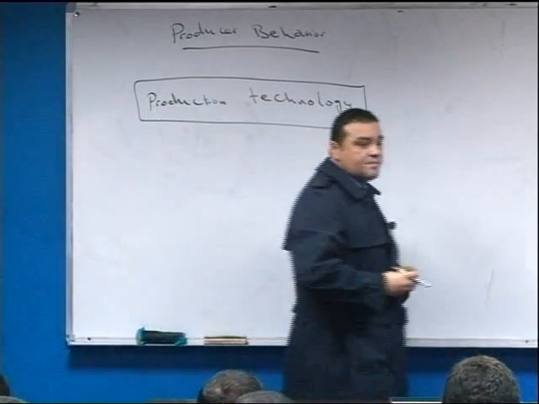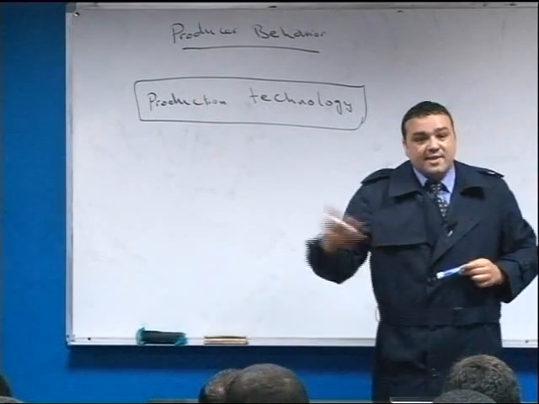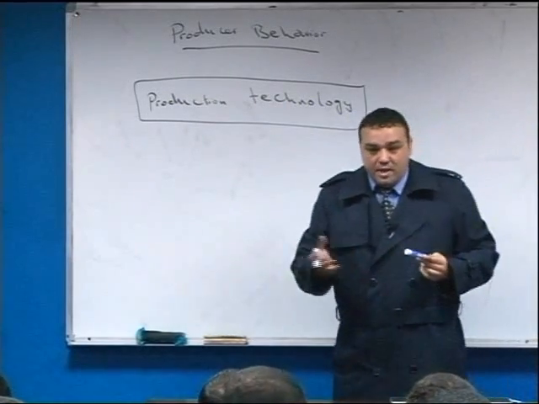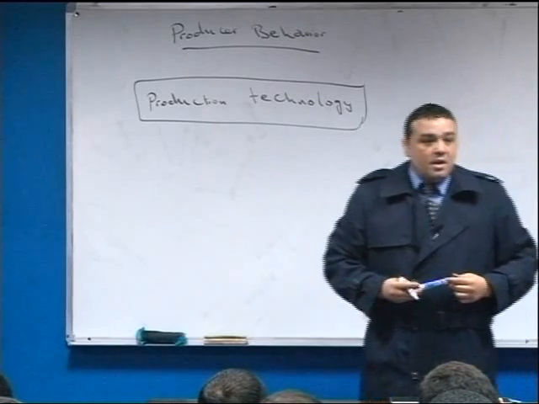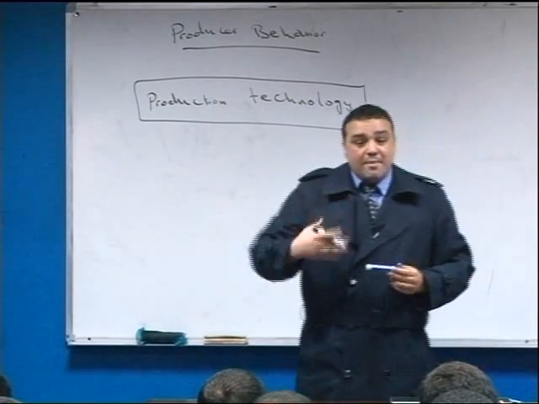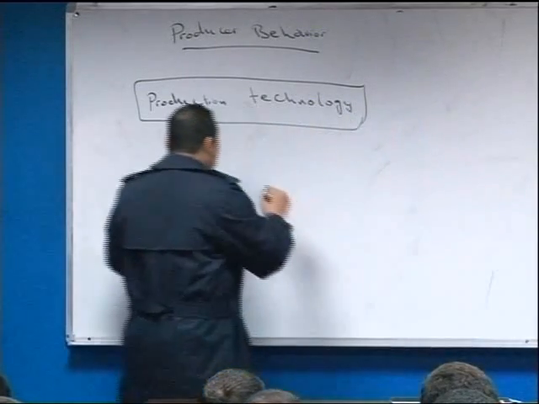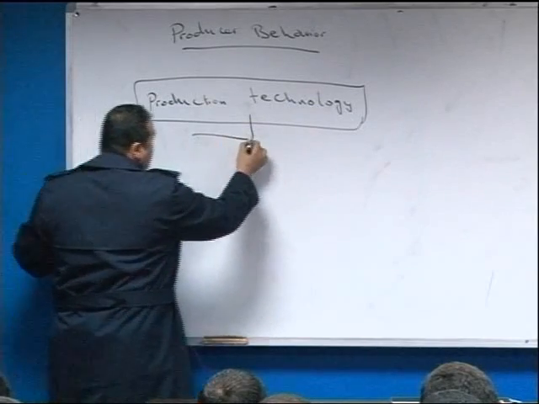Some industries rely on labor heavily instead of capital, and other industries depend on capital instead of labor. So we have 2 types of production technology.